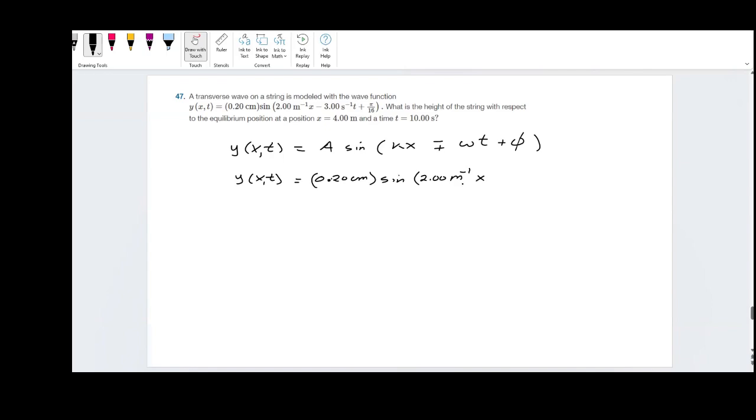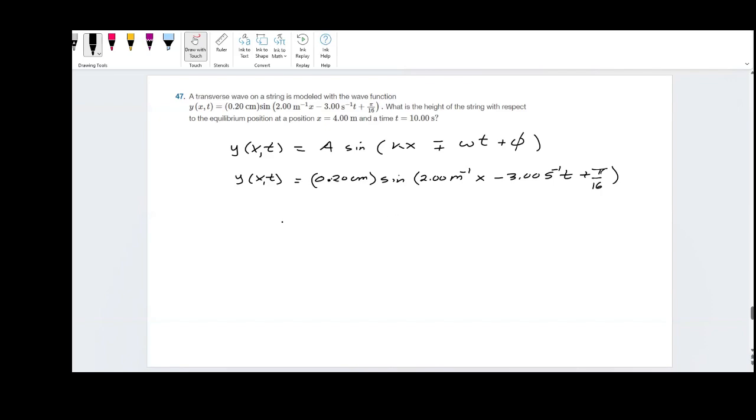The wave number times x, minus then 3.00 seconds to the -1 times t. What is this? The angular frequency. This 3.00 seconds to the -1 is the angular frequency, plus pi over 16. What is this pi over 16? This pi over 16 is the initial phase shift, right?